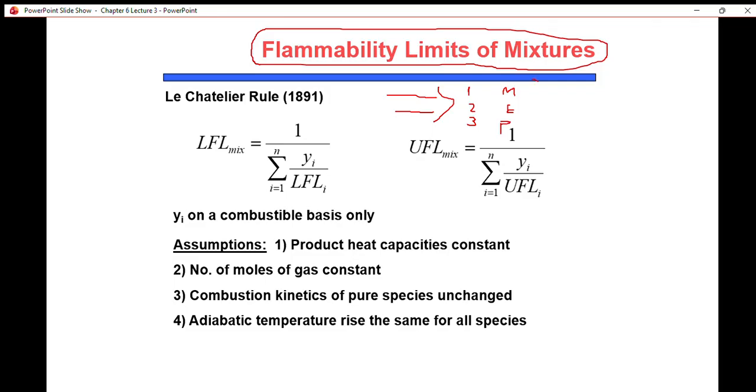Let's say I know the mole fractions: 0.3, 0.2, 0.5, and I know the lower flammability limit for each component, and also the upper flammability limit for each component. Now I need to calculate the lower flammability limit for this mixture that has the 3 components.